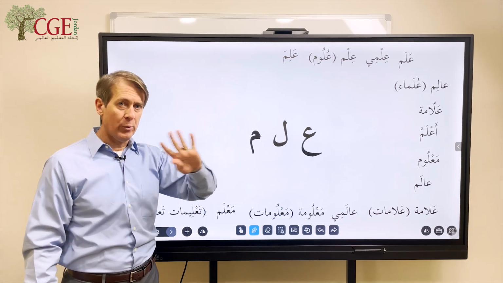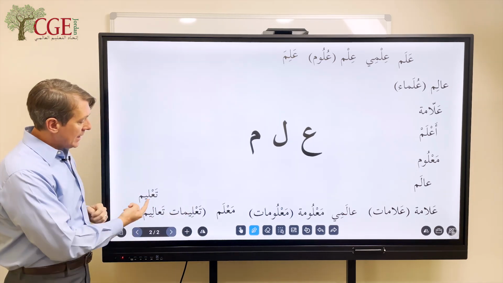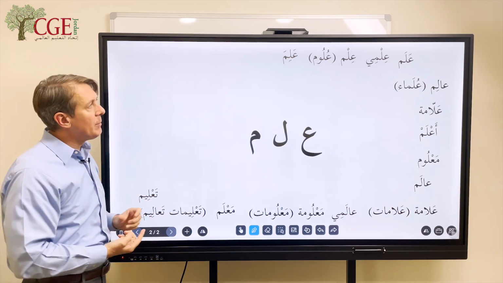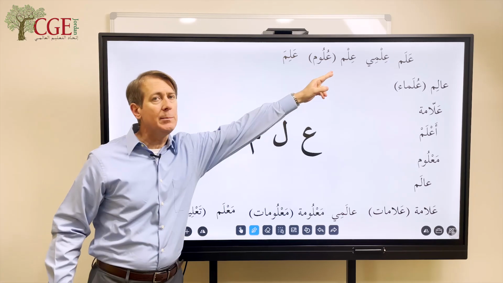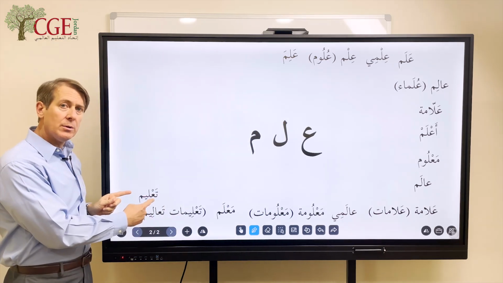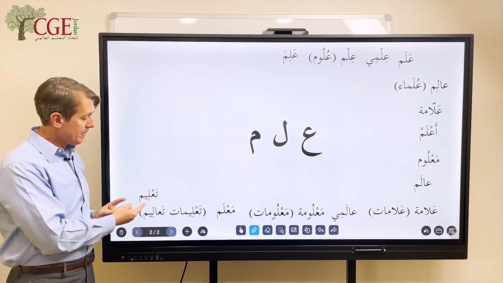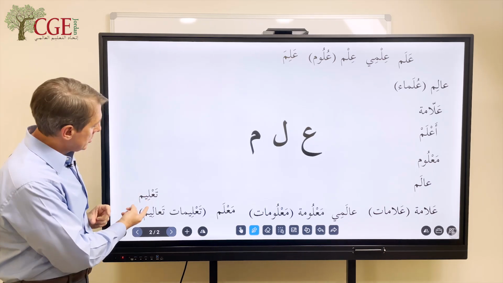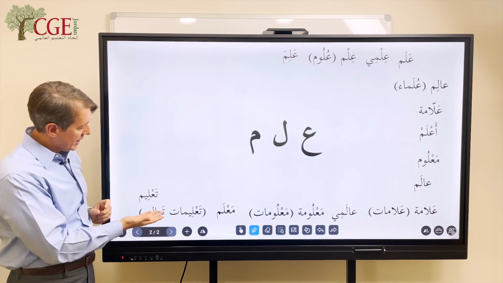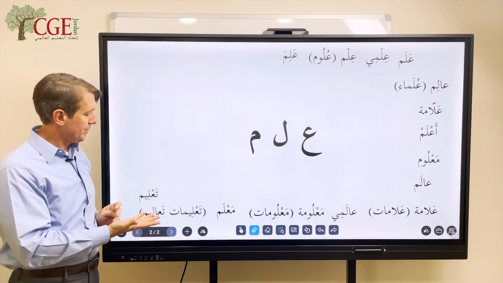Into 4 of the 10 forms. This is the second form, ta'lim. Ta'lim is the masdar, kind of like ilm is the masdar from form 1. This is the masdar, or the noun, or gerund, from form 2. There's a verb we'll see in a minute, but this is ta'lim, means education, teaching.